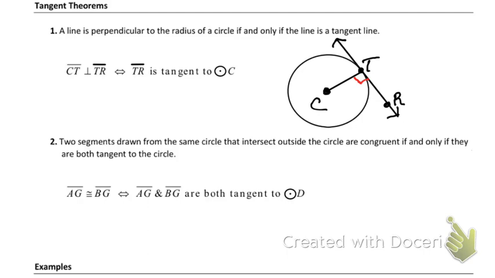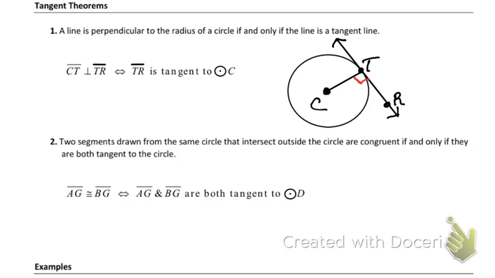So the big takeaway here is any tangent line is going to be perpendicular to a radius or a diameter. Anything that goes through the circle. So once again, any tangent line is going to be perpendicular to a line that goes through the center, like the radius or a diameter. That's important to recognize.